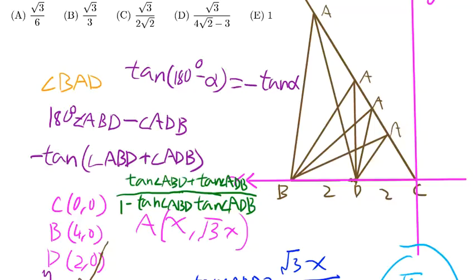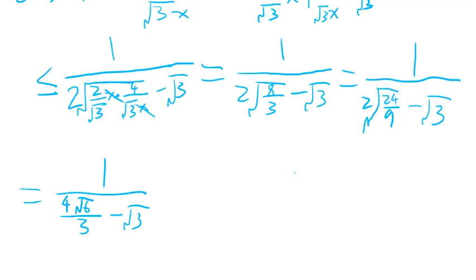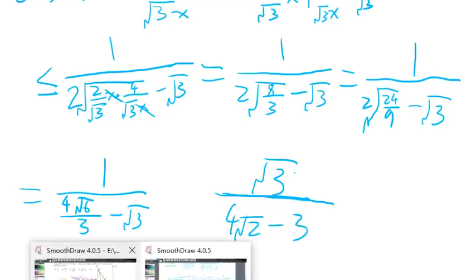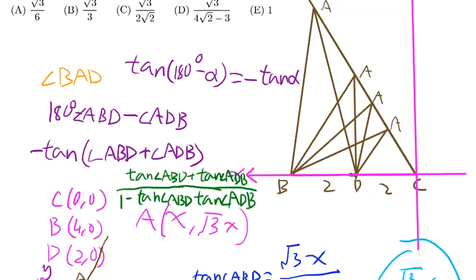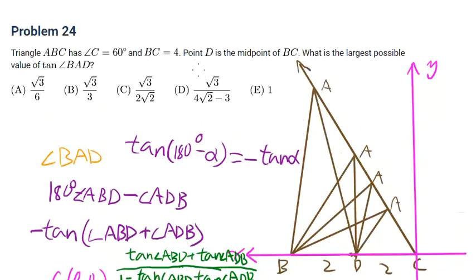Yep, and we have to turn it into something else. We multiply it all by, say, root 3, I guess. Okay, this is root 3. Or root 2 minus 3. You have the answer? Yes! It's D.